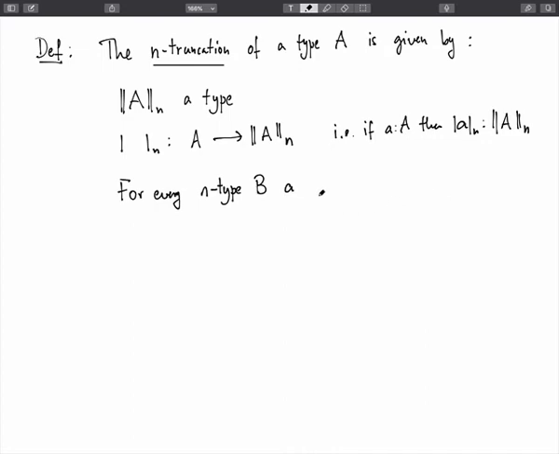Sorry, it's going to complicate things, but I think it's better not to simplify. So given, we don't have a fixed B, we have a dependent B, which goes from A to n-types. So I have a family of types indexed by A, but they're all n-types.